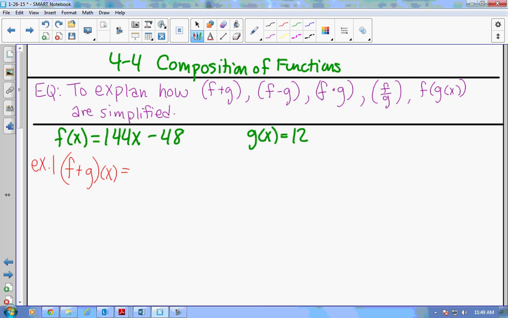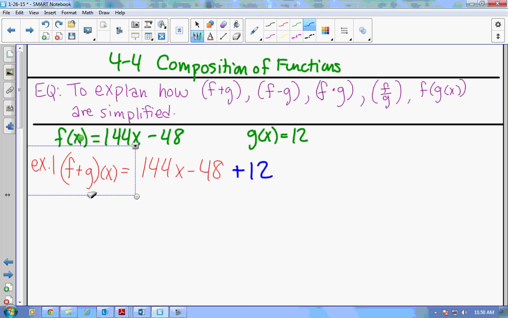Order is important. F. So we just write f first. 144x minus 48. After f, we're going to add g. So what was g? 12. So we're just going to add 12. That makes sense, right? We have the f, and we add the g.